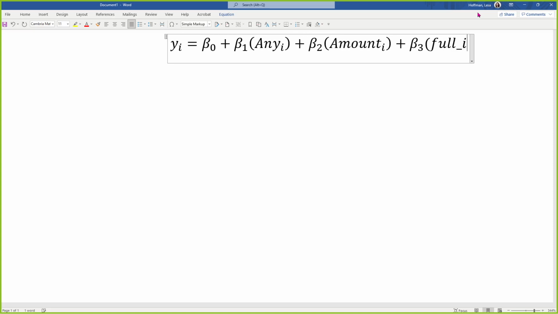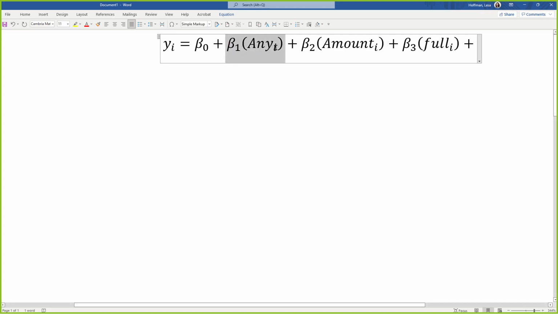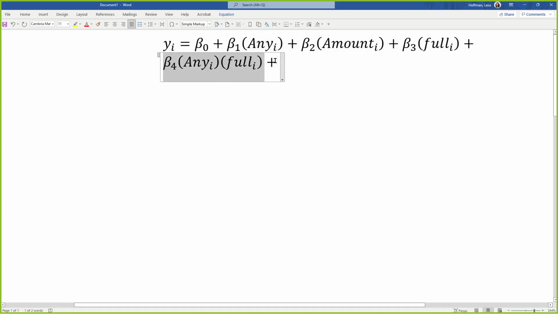We'll call this full-time, like that. And so then we have any times full-time plus, this will be beta 4. So this is not exactly your analysis model. I'm leaving out younger and older siblings, but that's because they're not involved in the moderation, so it doesn't really matter. So this is basically the model for the means thus far.